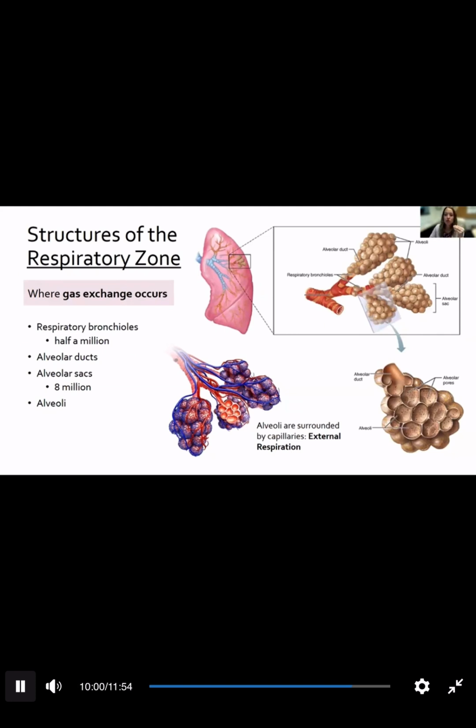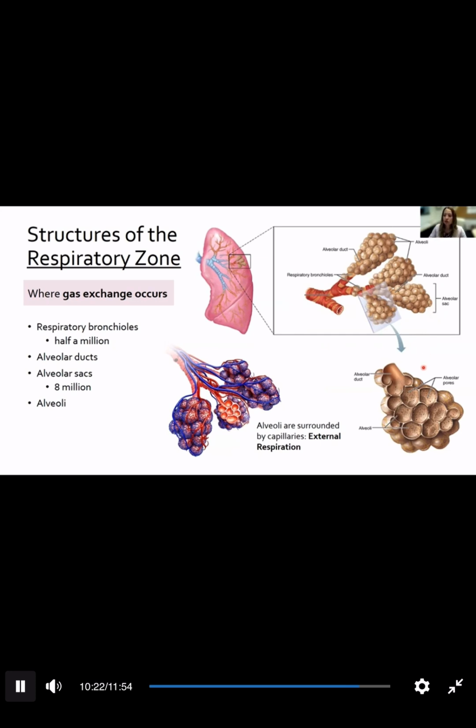All right, so terminal bronchioles terminate here. Then we reach the respiratory bronchioles here, which ultimately lead into the alveolar ducts. And then the alveolar ducts lead into what is collectively the cluster of alveoli, which is termed the alveolar sac.